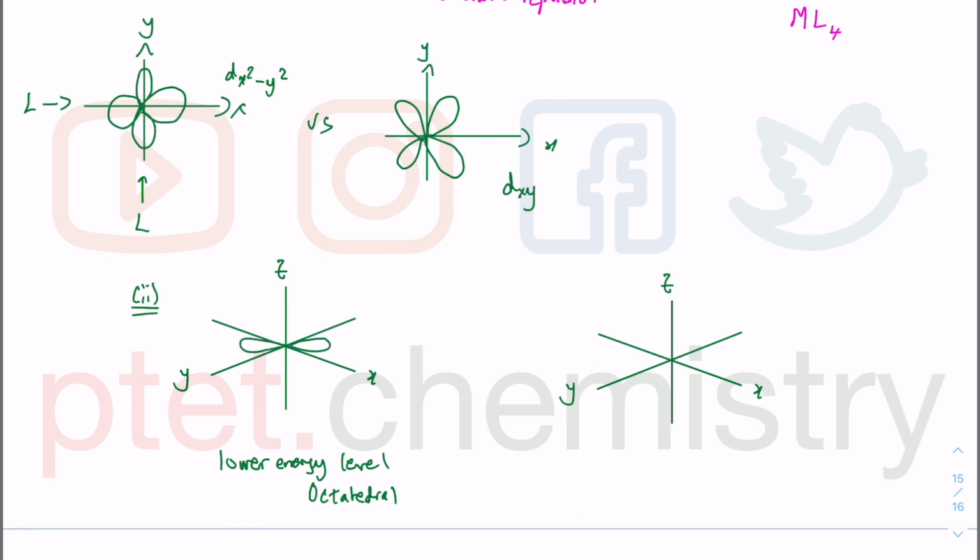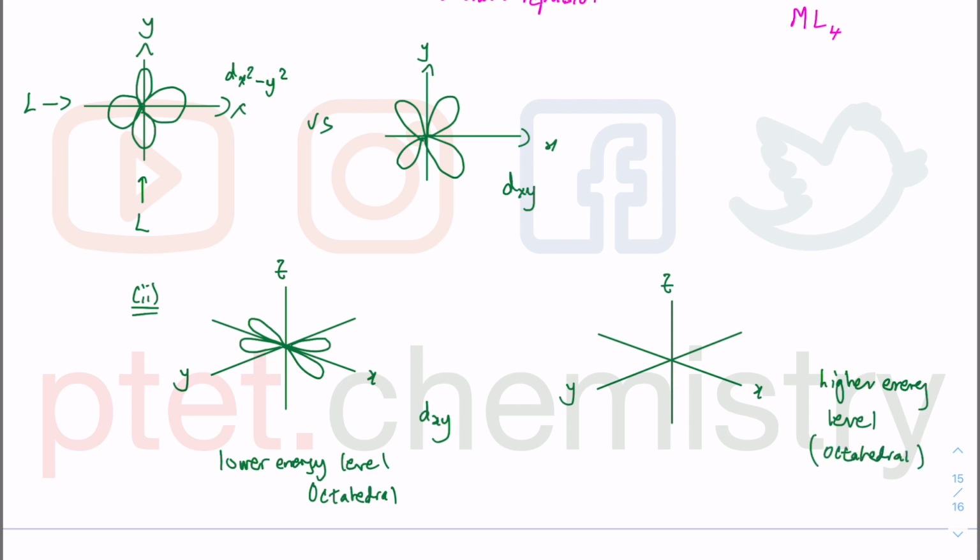So in between x and y, in between x and y, so that looks like this. This is actually dxy. If you draw in between z and x, there will be dxz and so on and so forth. And you want the higher energy level as shown on the question paper, which of course I'm not showing you here because of certain restrictions.